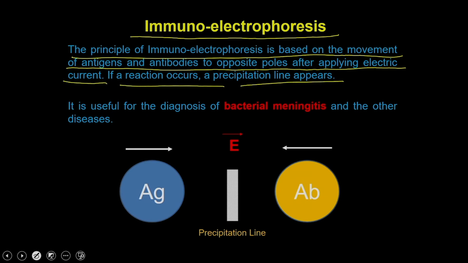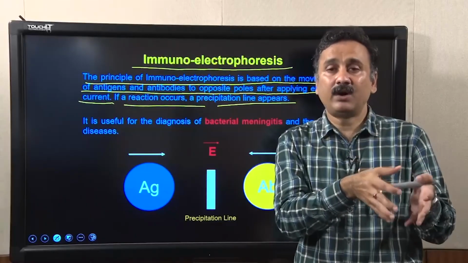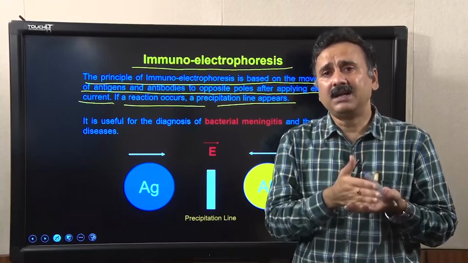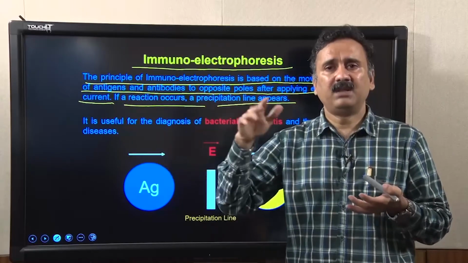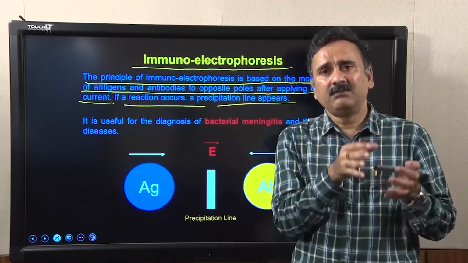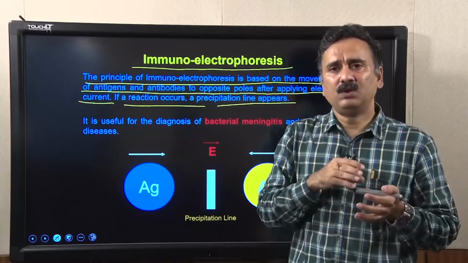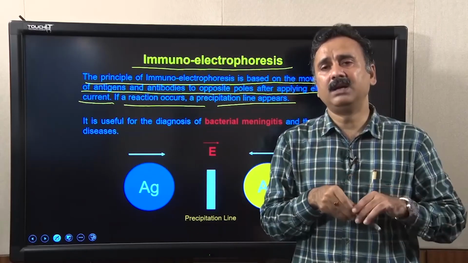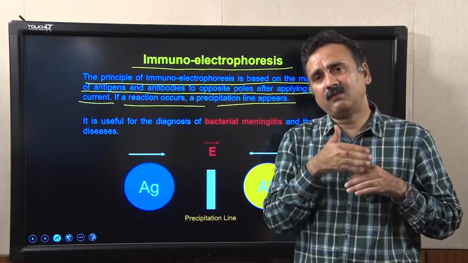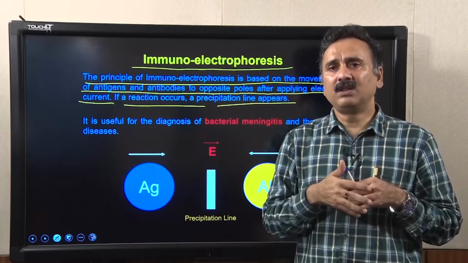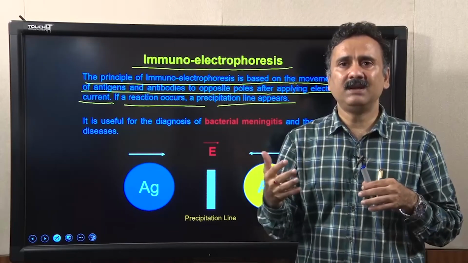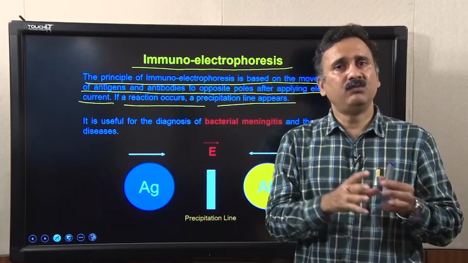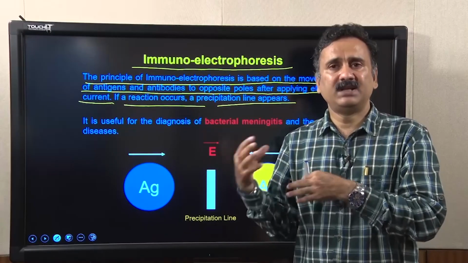So far, we were simply relying on the diffusion of the antigen or the antibodies, and in that case you observe a precipitation ring or precipitation line. But sometimes the antigen or antibody you are handling is very big, and its diffusion rate is very slow. Because of that, it is not possible to test these antigens in radial immunodiffusion assays.